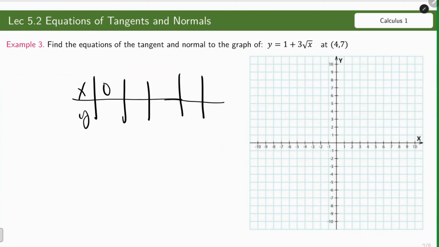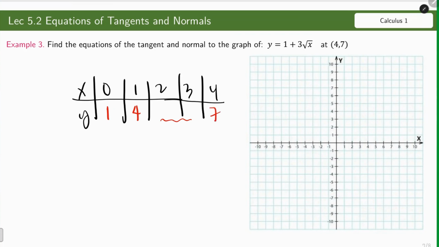You start from 0, and then 1, 2, 3, 4. When x is equal to 0, y is equal to positive 1. When x is equal to positive 1, y is equal to 4. The 2 and 3 we can skip. Let's go straight to 4. When x is 4, 1 plus 3 times 2 is 7.